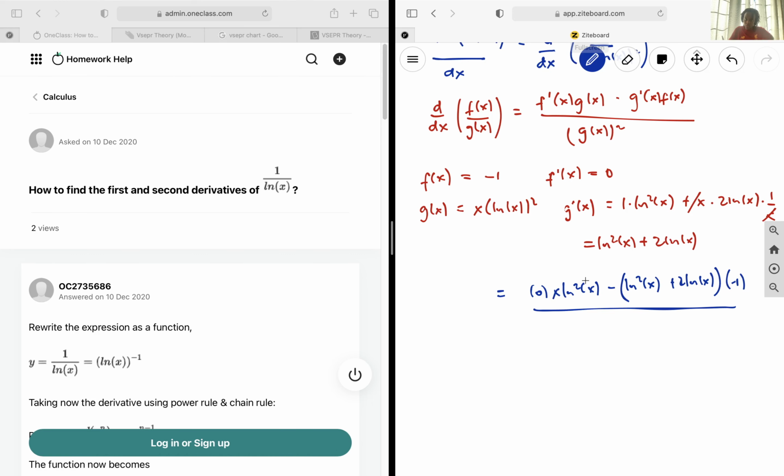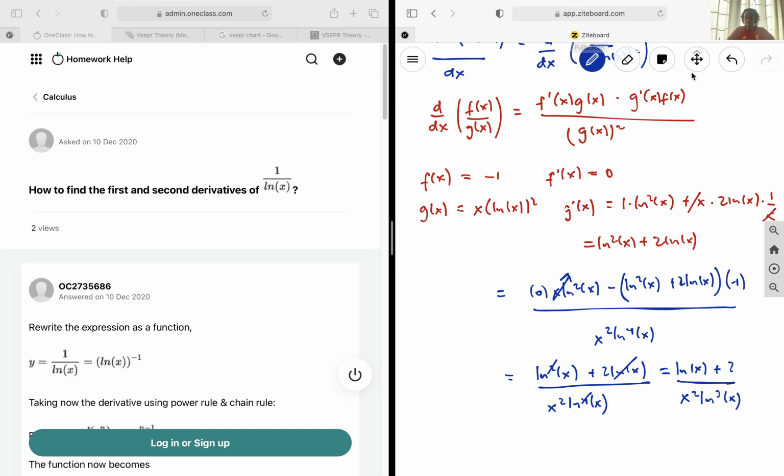And then all over g of x squared, so x squared ln to the power of 4 x. This will become 0, minus 1 times minus 1 is positive, so this becomes ln squared x plus 2 ln x over x squared ln to the power of 4 x. We can cancel out one of the lns, and we would get ln x plus 2 over x squared ln cubed x.